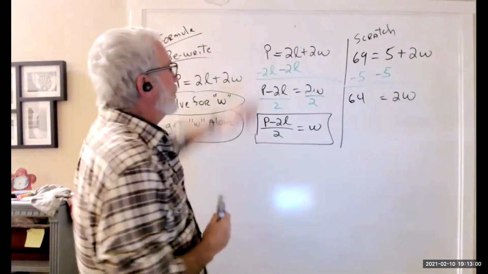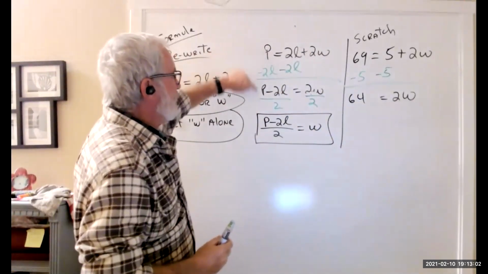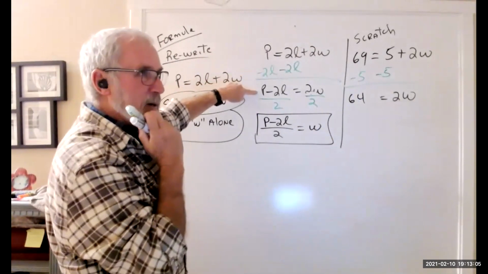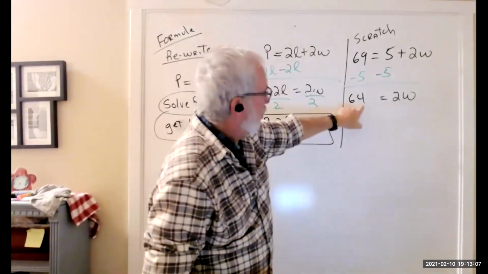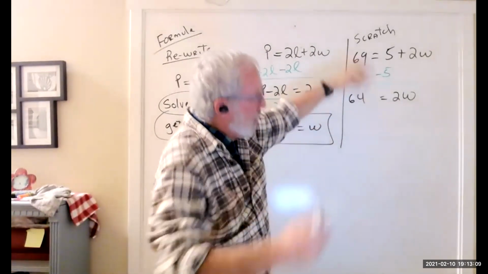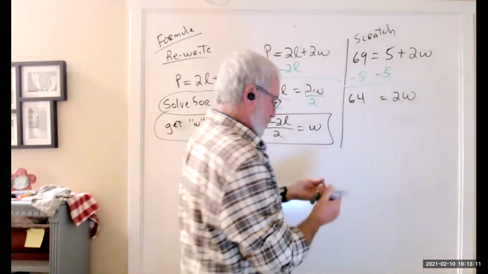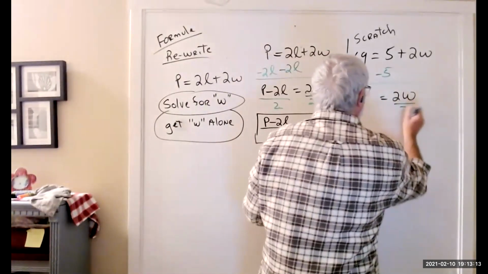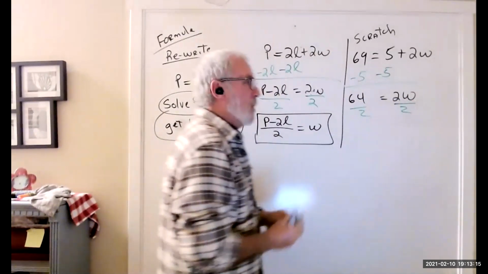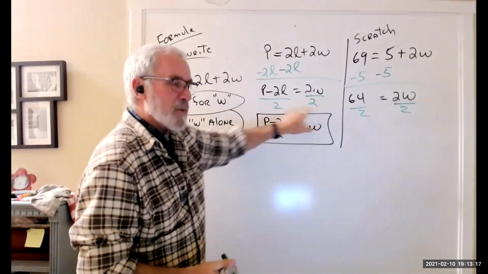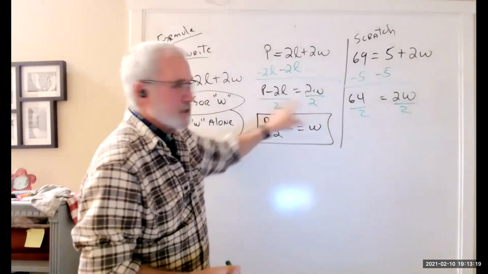Now remember, I couldn't actually do P minus 2L, so I had to write that down. So I look at this problem. What would I do over here? Oh, I divide both sides by 2. So that means on my related problem, I'm going to divide both sides by 2.